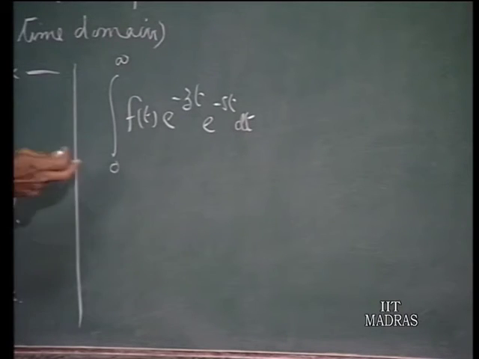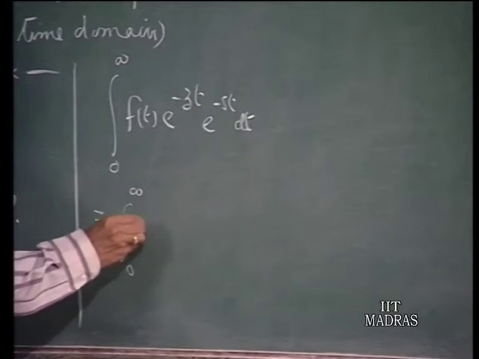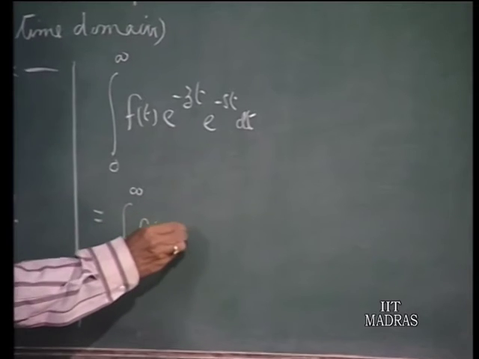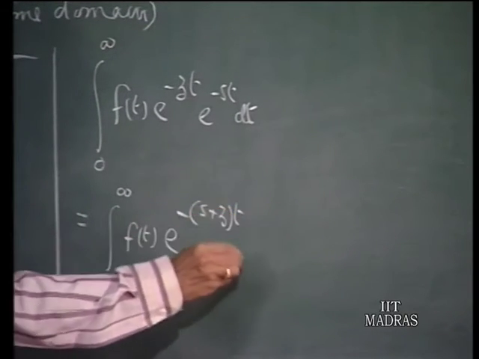I am not putting specifically 0 minus, because depending upon our interest, whether you take from 0 minus or 0 plus, depending upon the type of f of t that you are interested in, we will leave it at that. This can be written as the integral from 0 to infinity of f of t e to the power of minus of s plus z t dt.